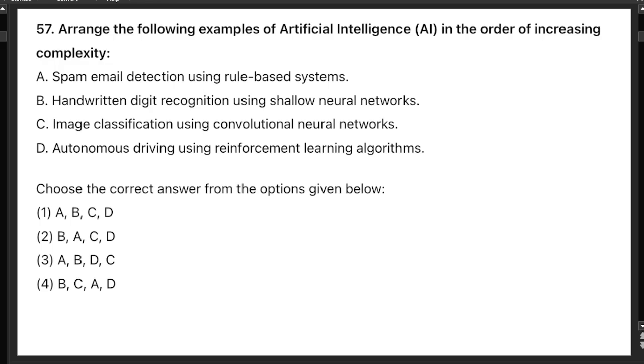If we see option A, spam email detection using rule-based system, this is simple rules and patterns. So I will write side by side. This is simple rules and patterns. If we talk about handwritten digit recognition using shallow neural network, this is slightly more complex.